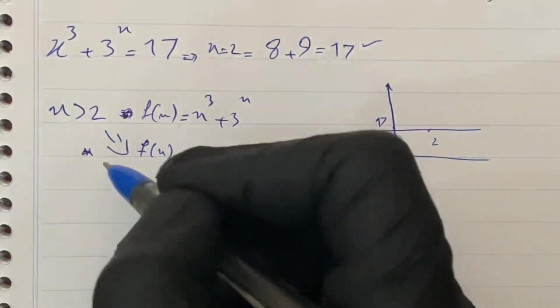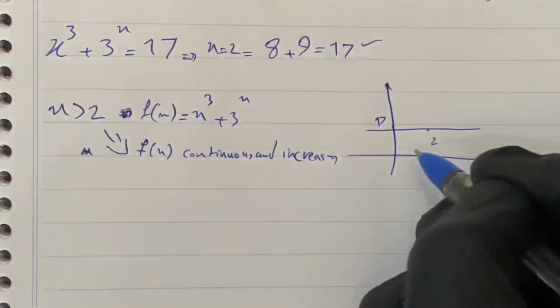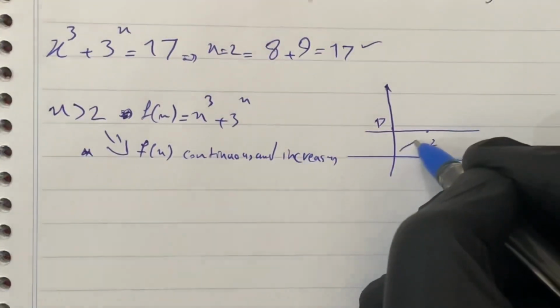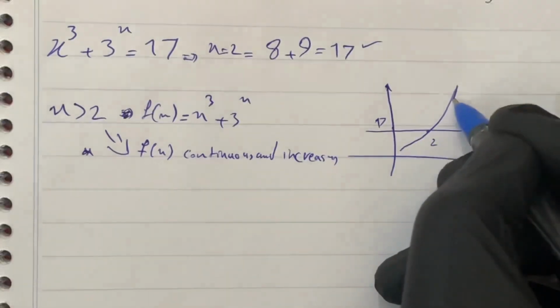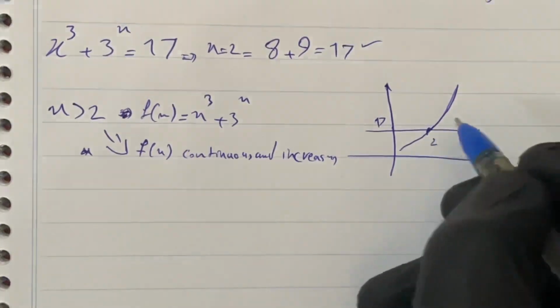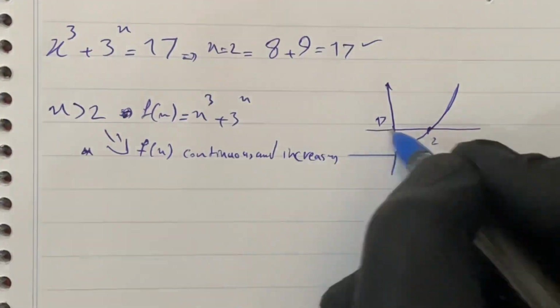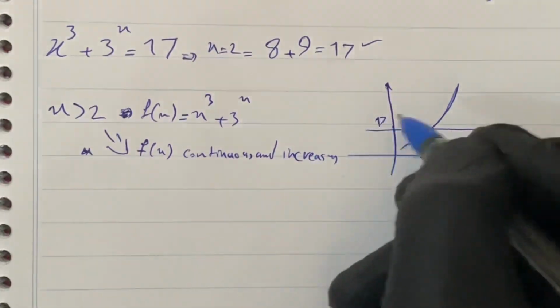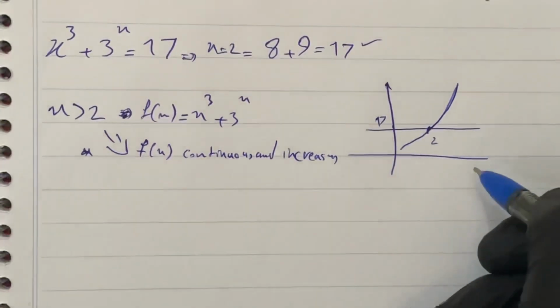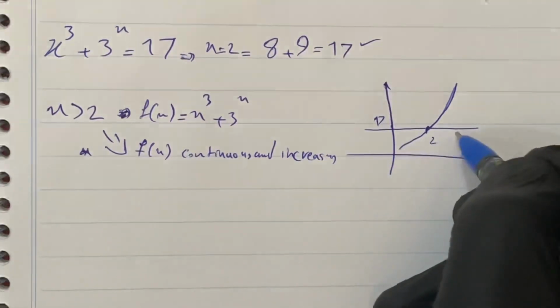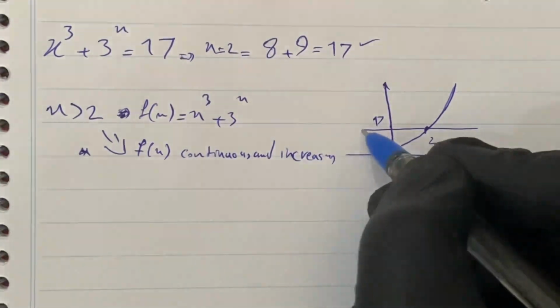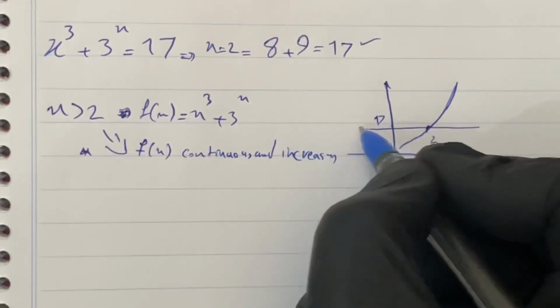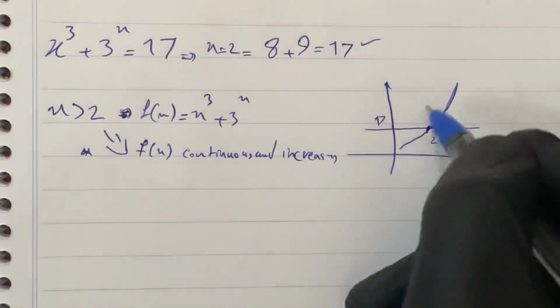What we mean by that is f of x is a function something like this, which is always increasing and continuous. So you can obviously see that there cannot be another intersection between this function and the 17 function, the left-hand side function.